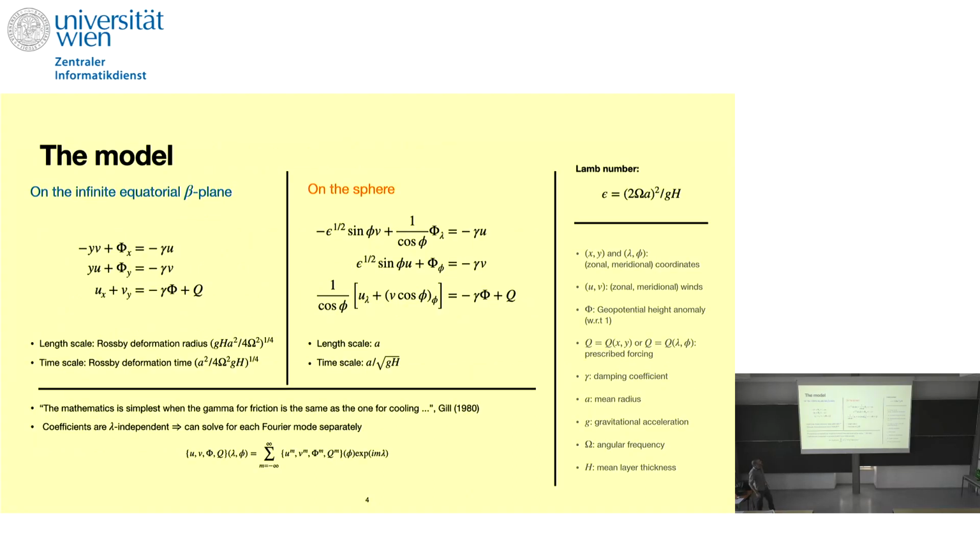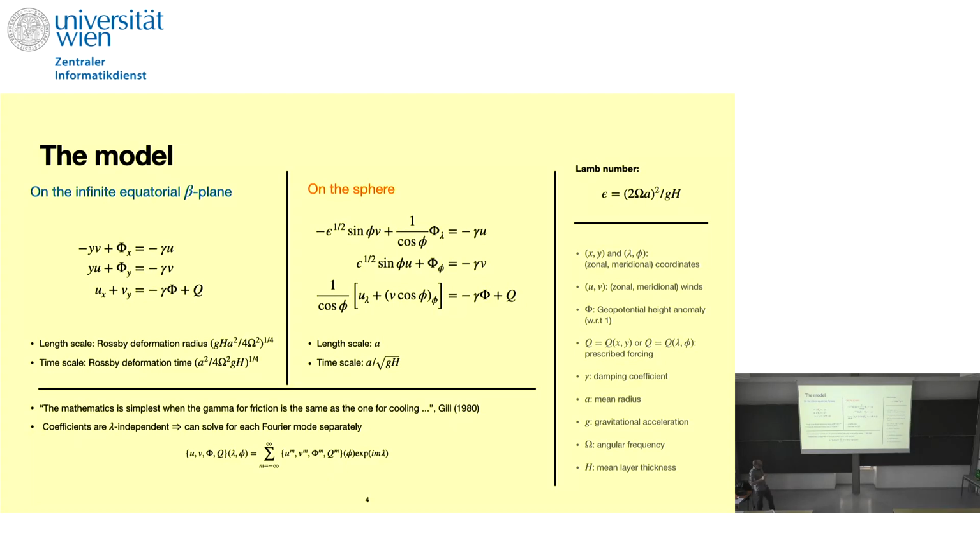Right. So as I mentioned, it was originally introduced in the context of the infinite equatorial beta plane, or the steady state forced dissipated shallow water equations on the infinite equatorial beta plane, which are shown here.